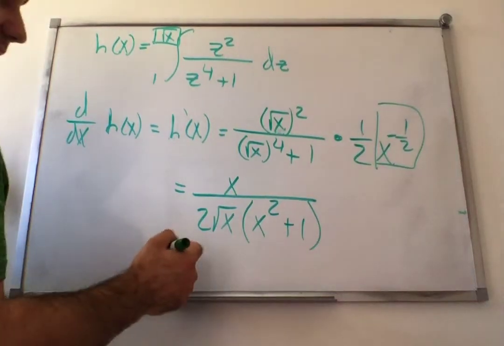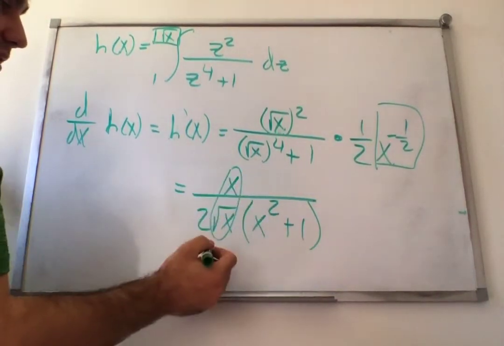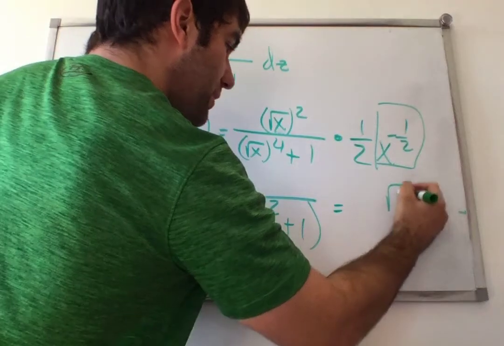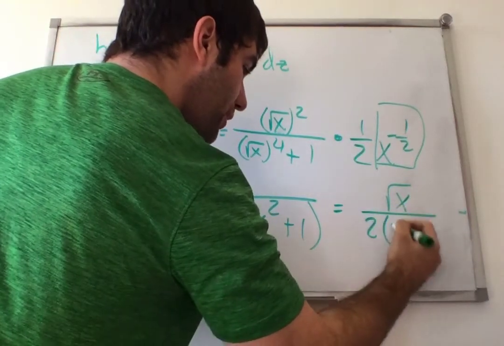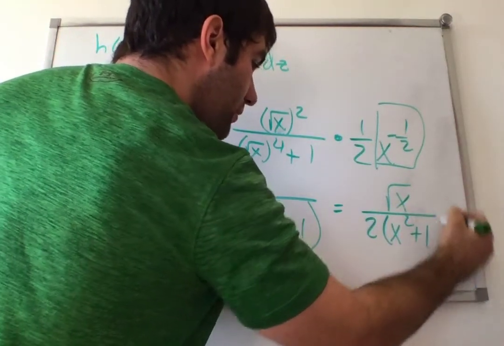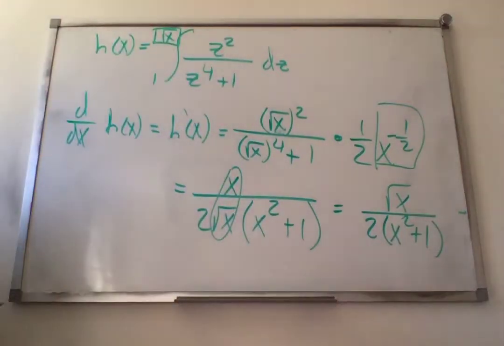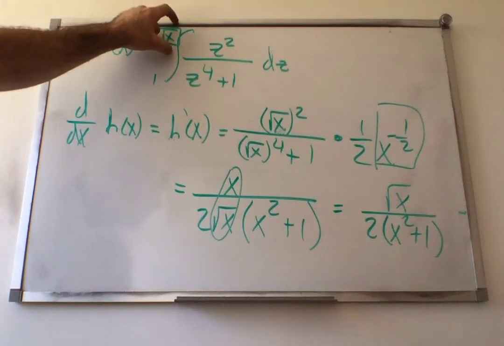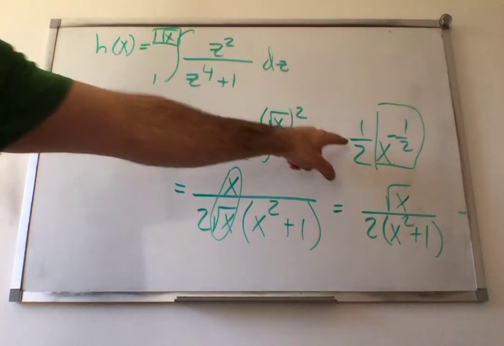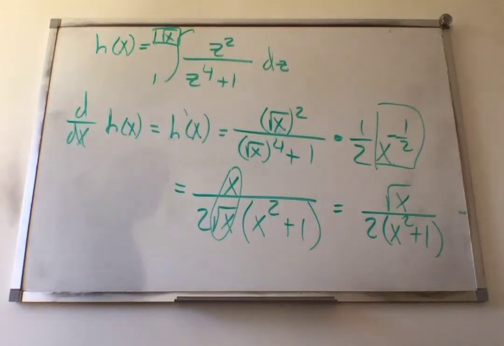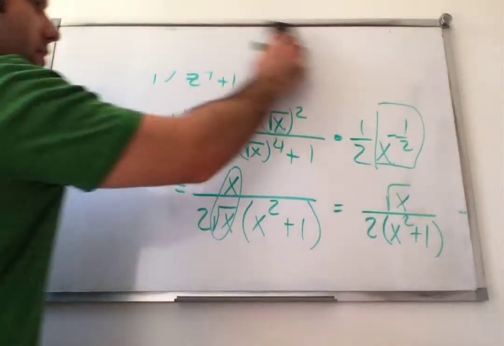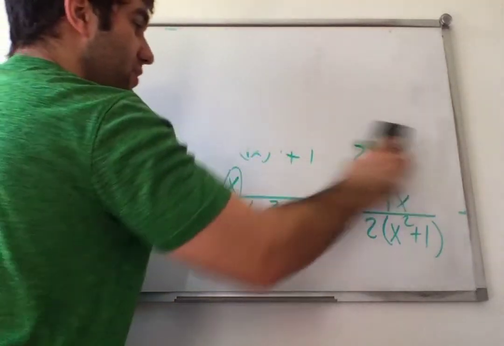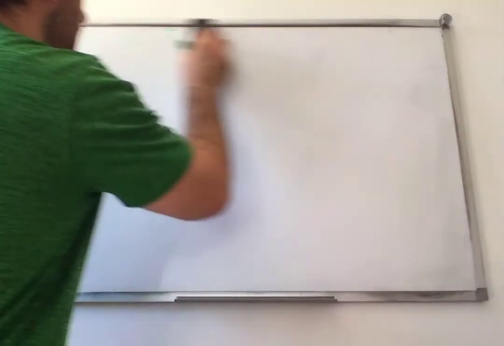You can simplify this a little bit, and you would be left with square root of x over 2 times x squared plus 1. So it's very important you remember to take the derivative of the inside function up here and multiply it after you plug those in. Really simple concept. Most of the time students forget the derivative of the inside, the chain rule.